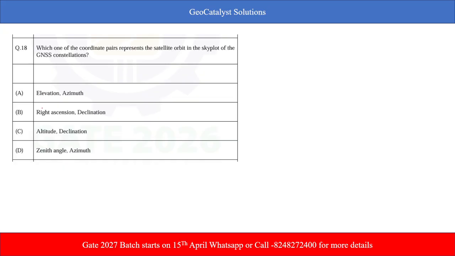Okay, so which one of the coordinate pairs present the satellite orbit in a sky plot of the GNSS constellation? Okay, so here this is a direct question. We know elevation is required; every satellite we denote in GNSS, as we have discussed in class, elevation is required to derive anything for satellite.